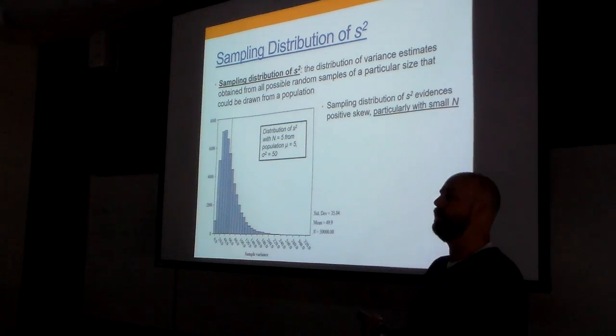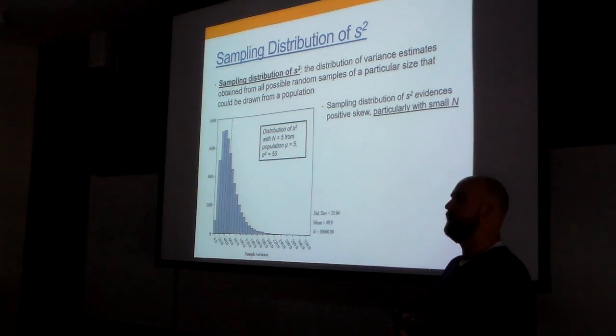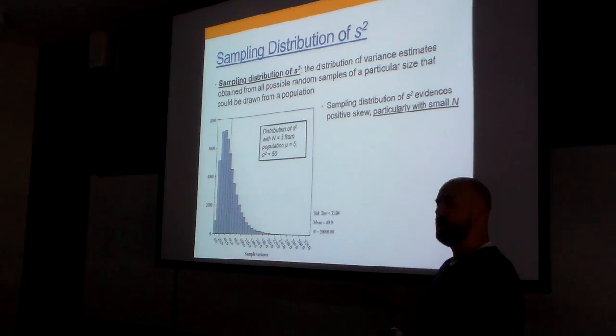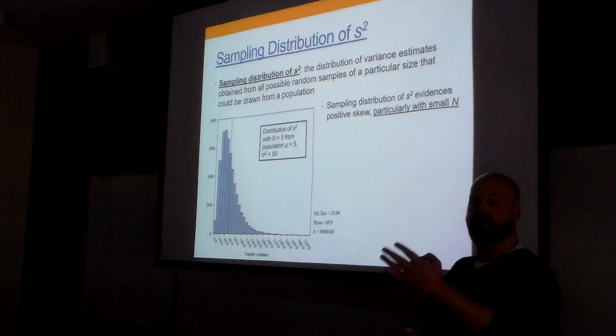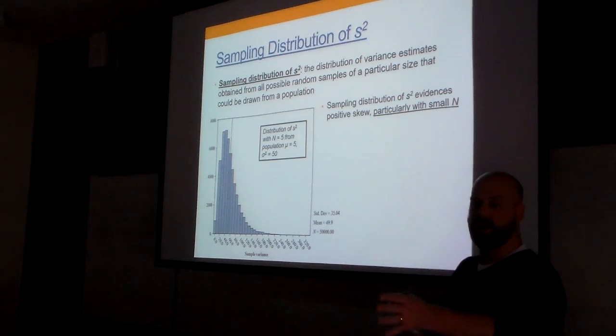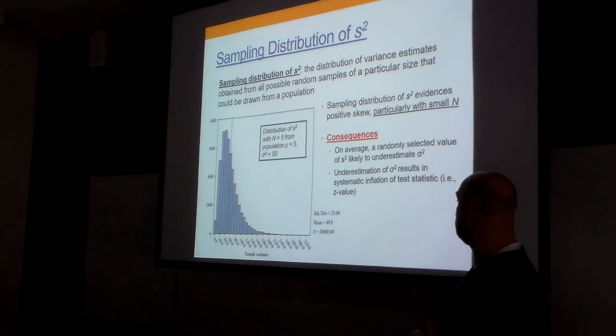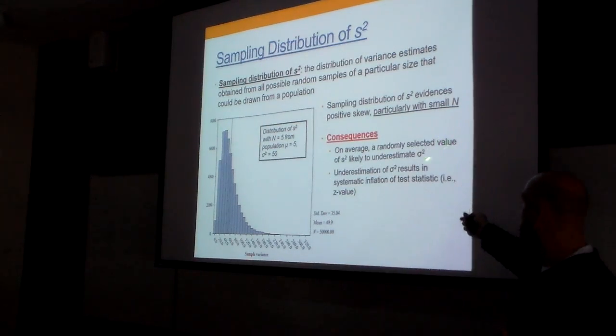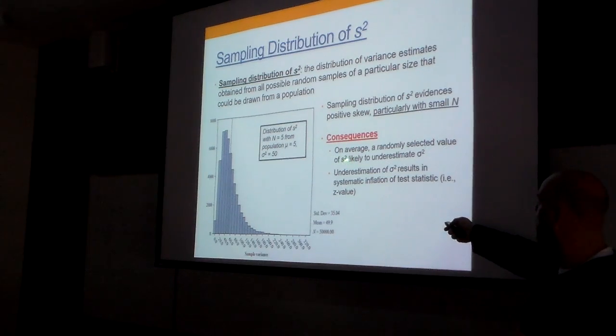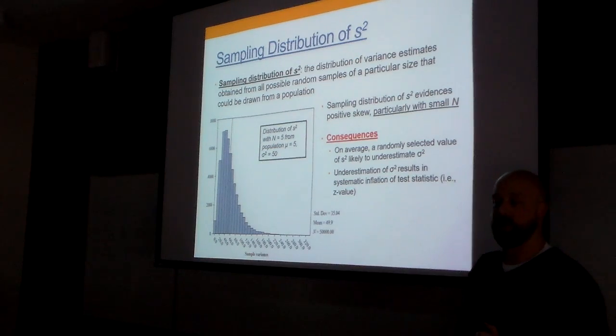The mean of all possible variances from samples of size 5 that could be drawn from my population is equal to the population variance, right? But this skew causes us some problems. So on average, a randomly selected value of my sample variance is likely to underestimate the population variance, okay?